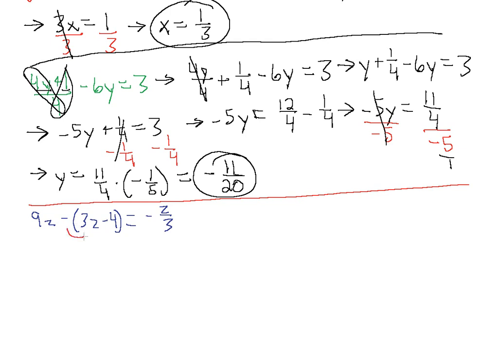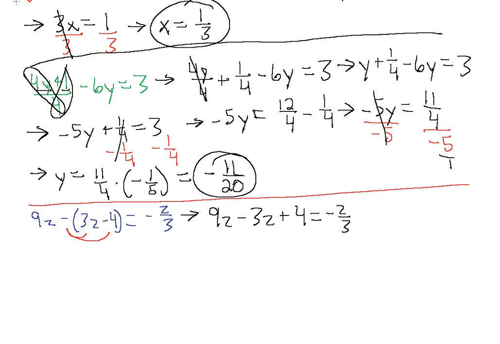Let's distribute this minus sign into this expression here. So we have our 9z minus 3z plus, watch our signs here, a minus and a minus gives us a plus 4. And we have our minus z over 3.